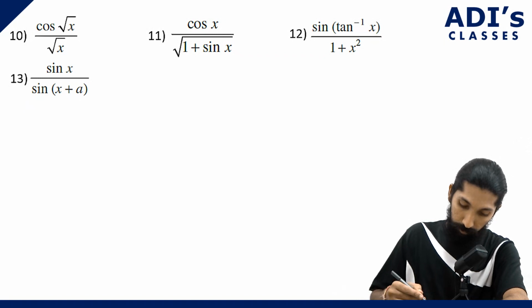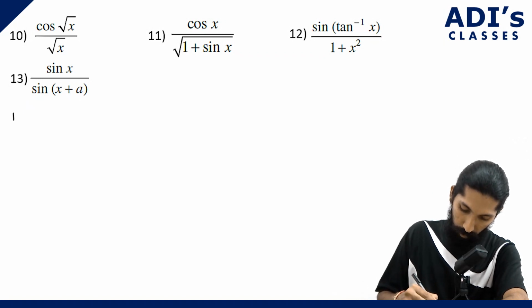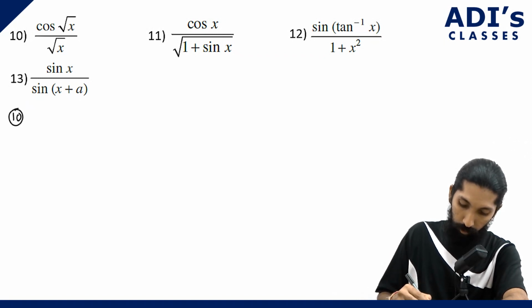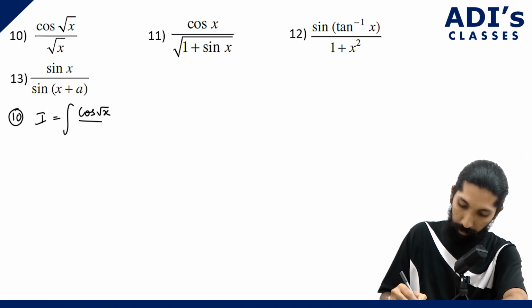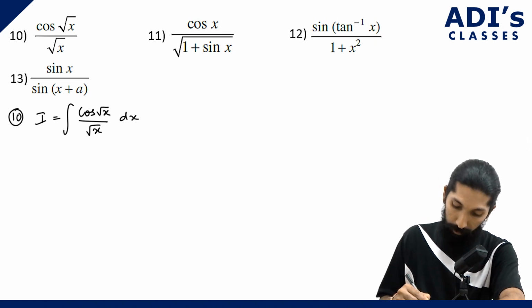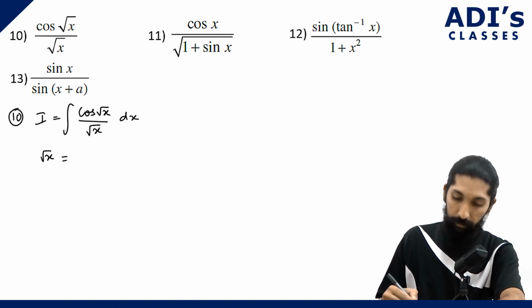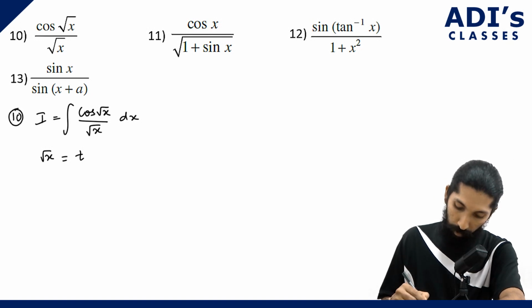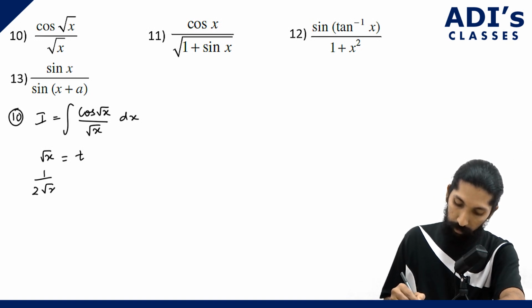10th one. Here what you have, I is equal to integral of cos root x divided by root x dx, correct? Now take root x as t. That means 1 by 2 root x dx will be dt, right?